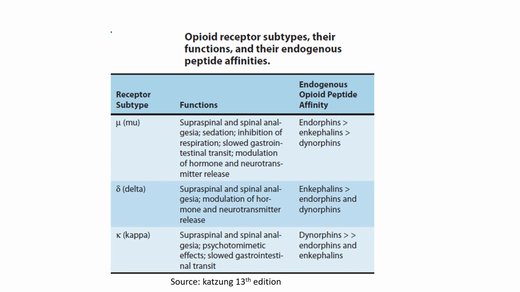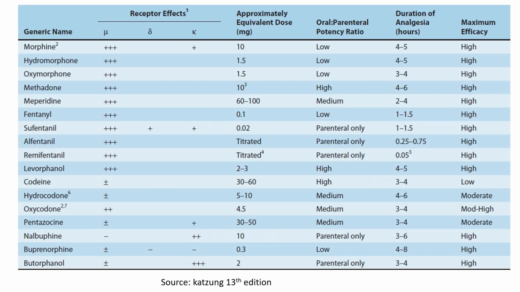Kappa receptors are responsible for some psychotomimetic effects seen with certain opioid analgesics. Those opioids which act as an agonist on kappa receptors have psychotomimetic effects as side effects. So these are the opioid receptor subtypes and their corresponding endogenous opioid peptides.